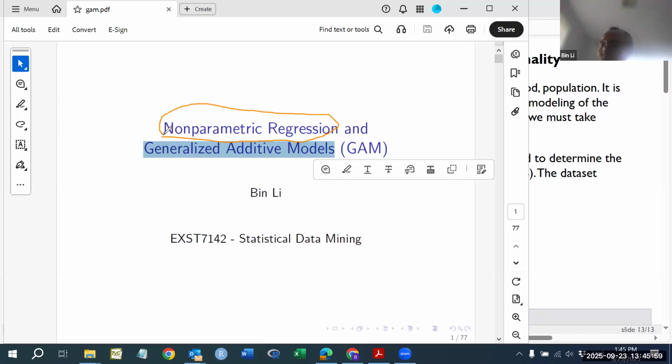But how do we have this nonlinear effect? Before we talk about the GAM, we have to talk about the nonlinear regression through non-parametric regression. So that's the outline. Today's class we will talk about non-parametric regression, and Thursday's class we will talk about the GAM model. Okay, so this is our plan.